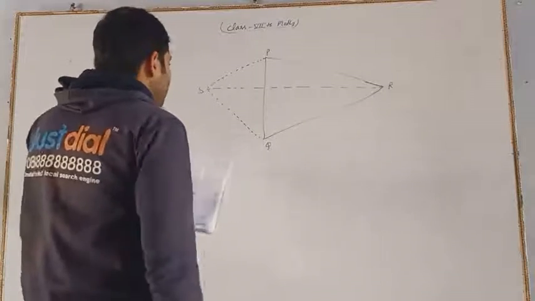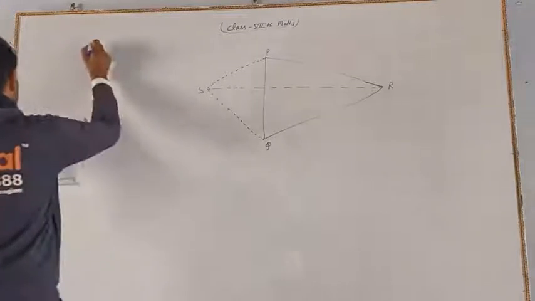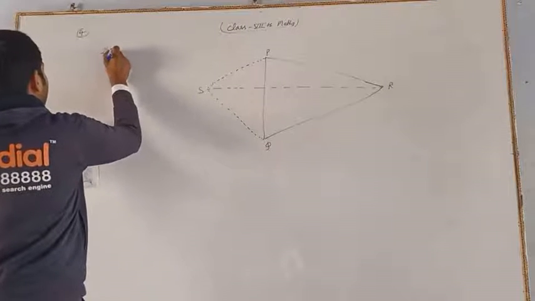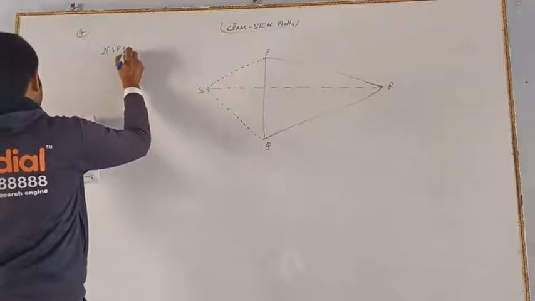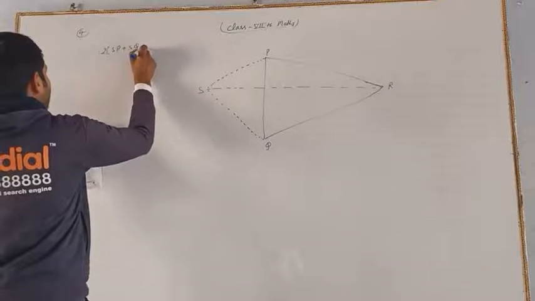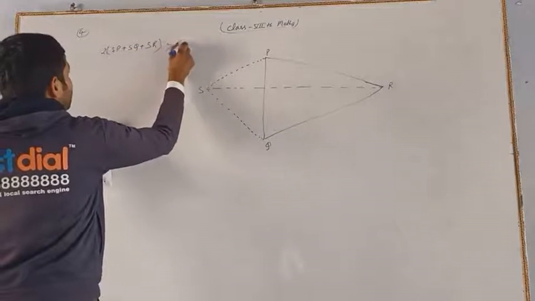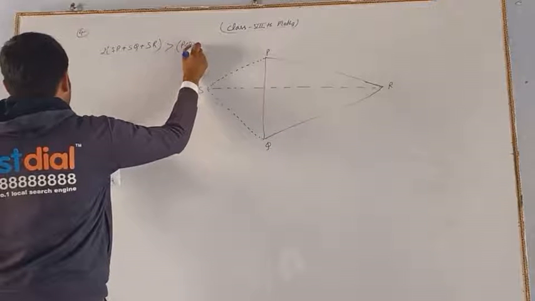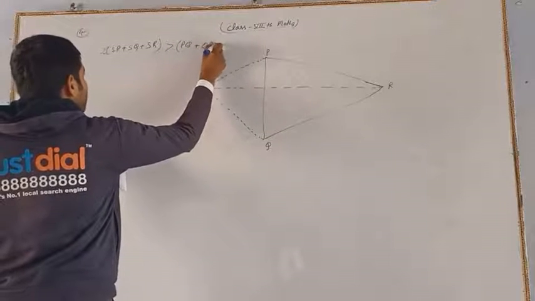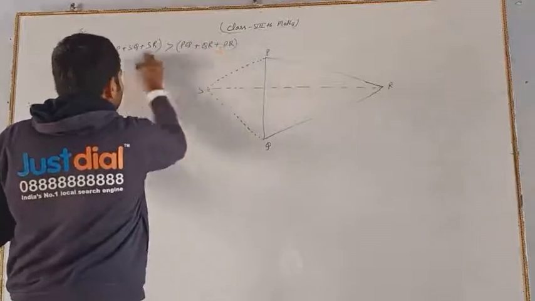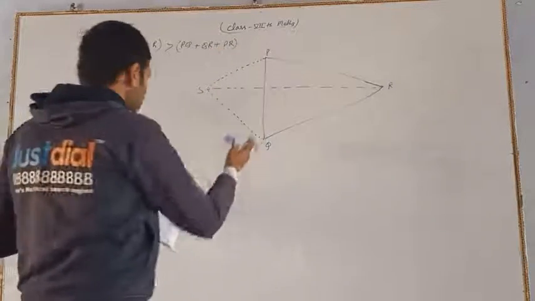Here we have to prove that 2 into (SP plus SQ plus SR) is greater than PQ plus QR plus PR. We have to prove this by this figure.